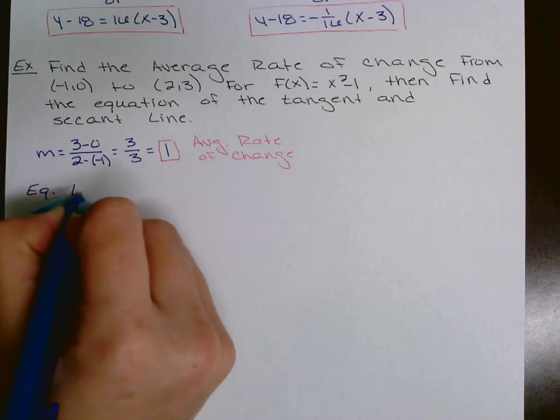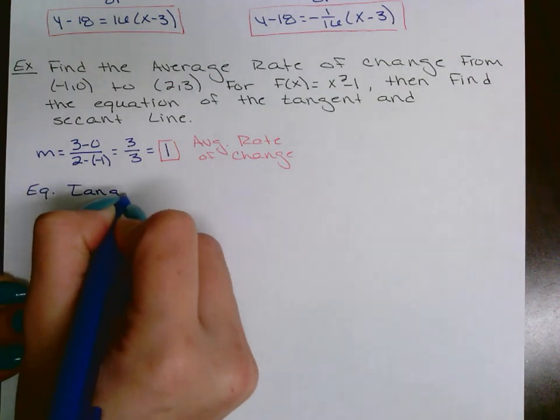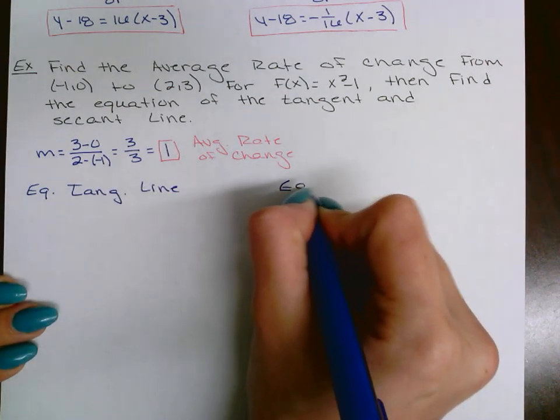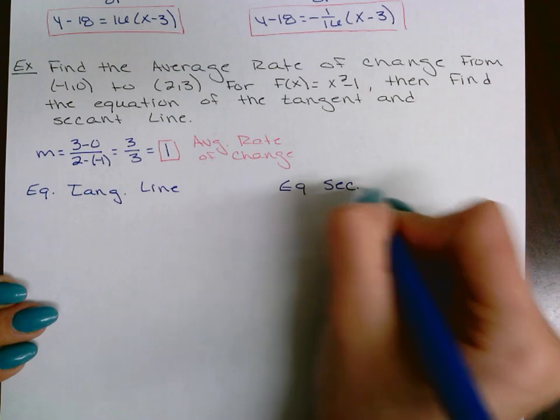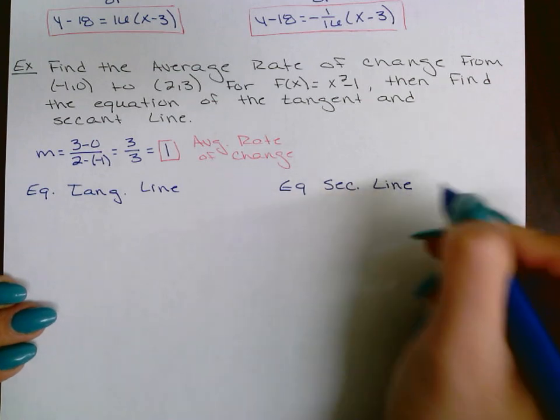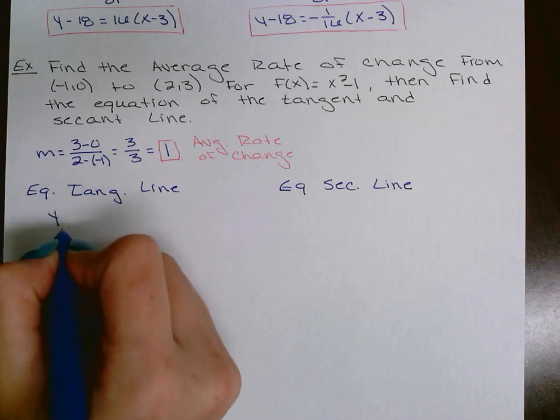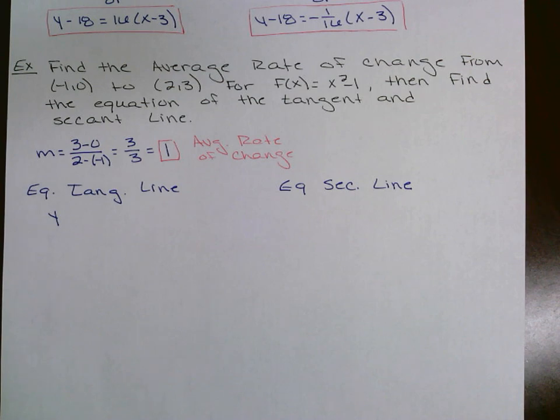Go ahead and do your equation of a tangent line. And then your equation of a secant line. All right, so we have y minus, remember you are free to pick whichever of the 2 ordered pairs. Which one is easier here? All right, the smaller one.